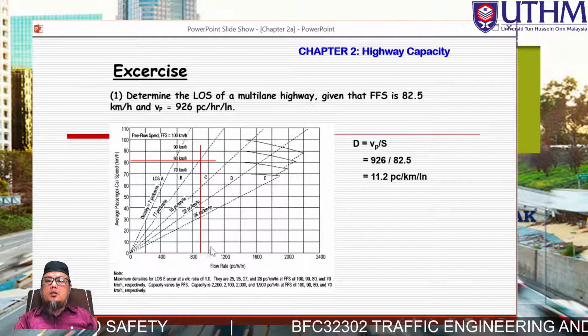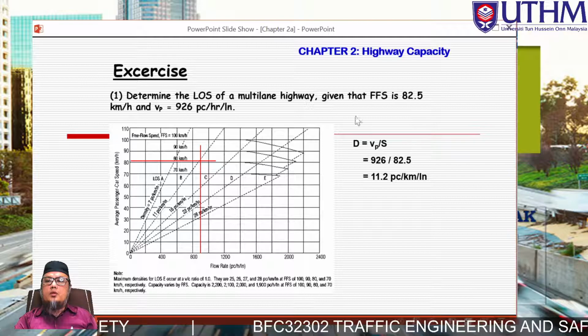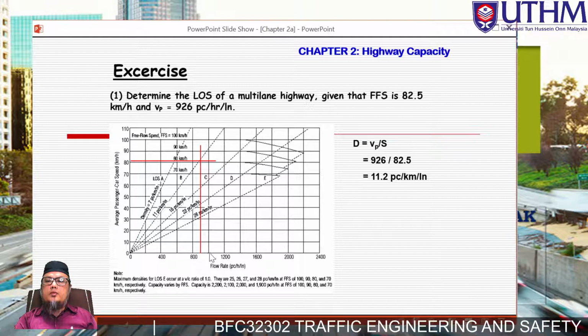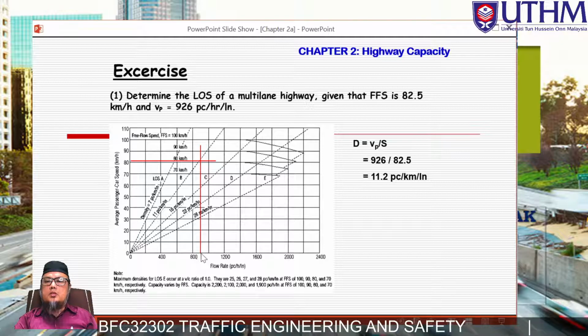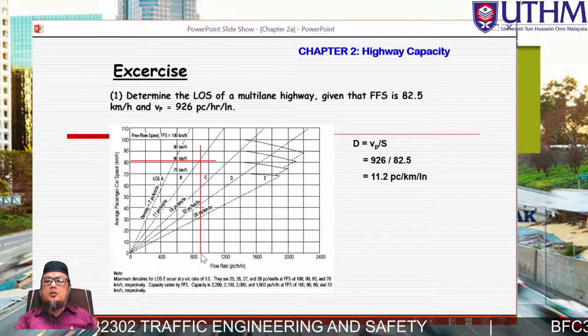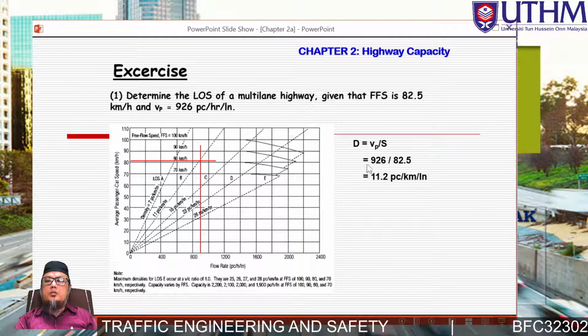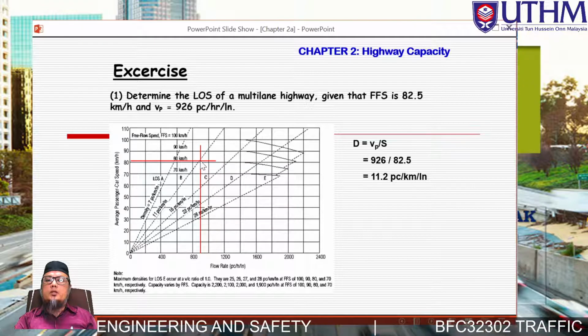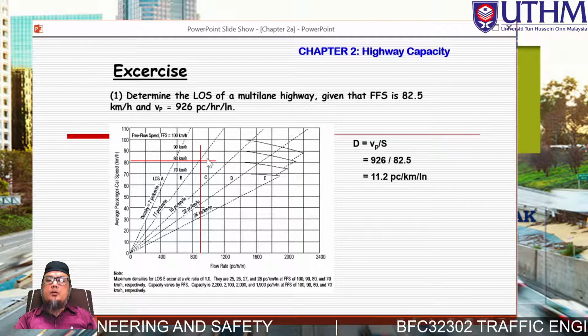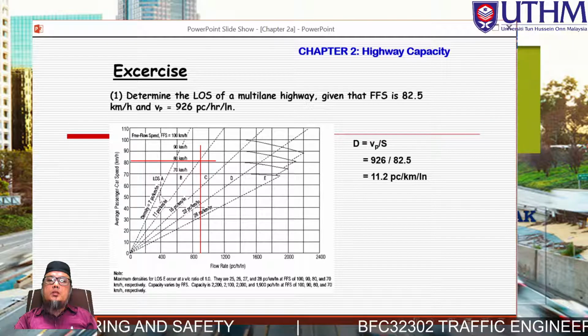For the range of volume, here we have 1000, and somewhere in the middle we have 900, so just away from the middle we consider 926. Here we have the projection and meet this intercept, so you refer to this dotted line.